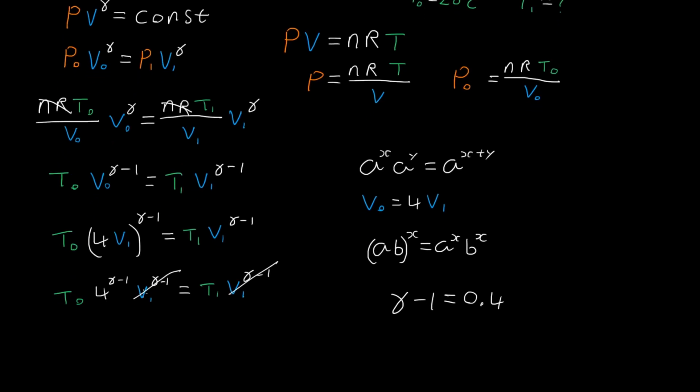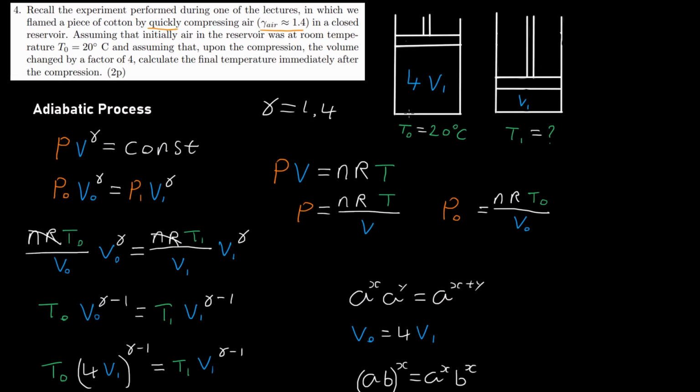So let's write this out again here, and we'll put the 4 out front, we'll have a 4 to the 0.4 power multiplied by T naught equals T1. And now we're just about ready to plug in to solve for T1, because we know that T naught is 20 degrees Celsius.